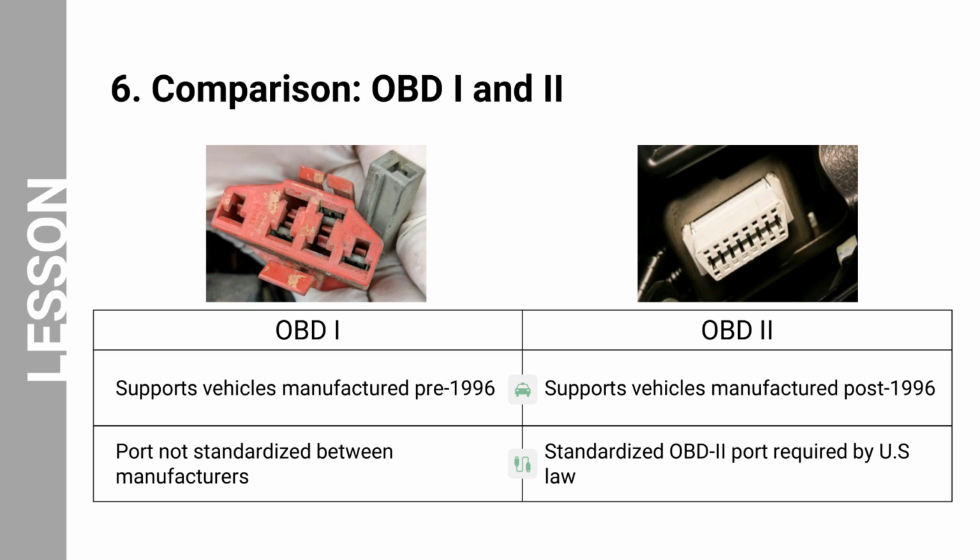Another notable distinction is the standardization of the diagnostic port. OBD1 systems did not have a standardized port configuration, which means the port and pin layout could vary between vehicle manufacturers. This lack of standardization made it more challenging for technicians and diagnostic equipment to connect to the OBD1 system.